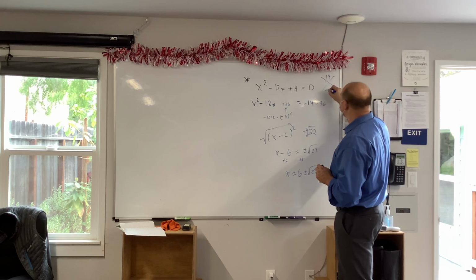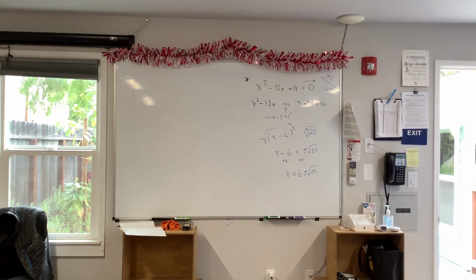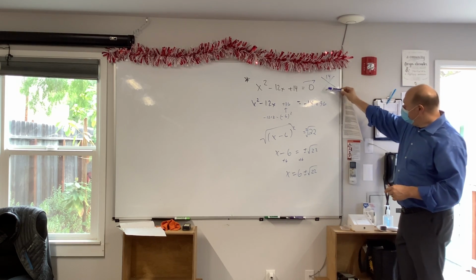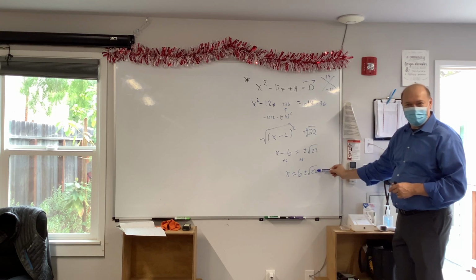Two numbers multiplied by 14 add to negative 12. Dylan says no. I don't think so. So this one cannot be done by factoring. Because we even know the answer. There's no way I can get an answer of factoring into a square root of 22.